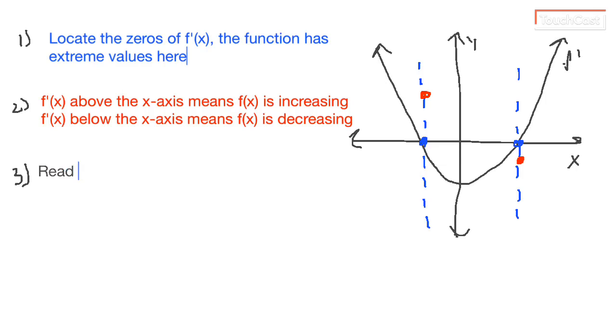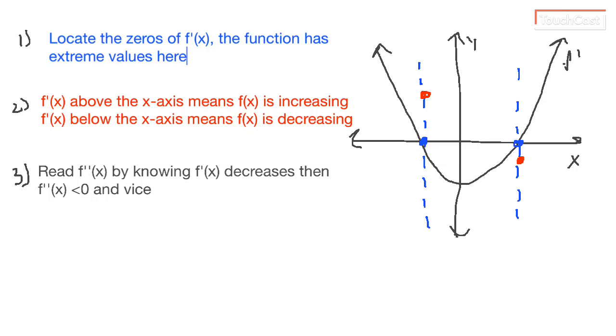We're going to read f double prime, the second derivative, by knowing that when the first derivative decreases, then the second derivative is less than 0, and vice versa, meaning if it increases, it's bigger than 0.